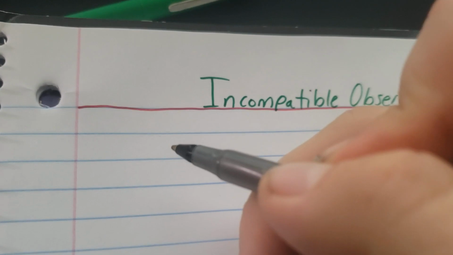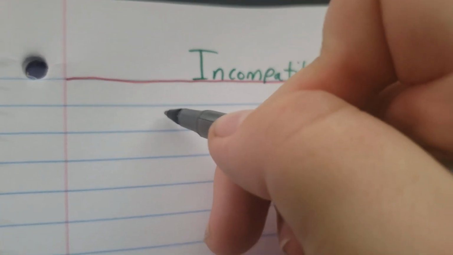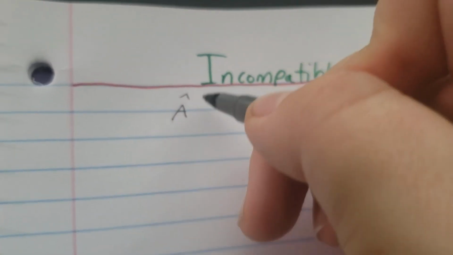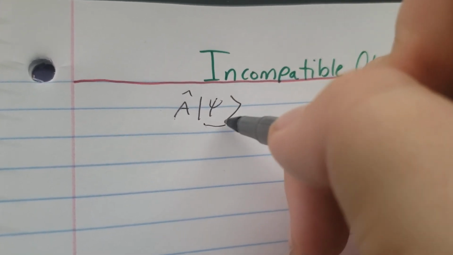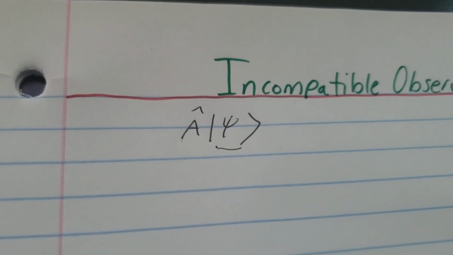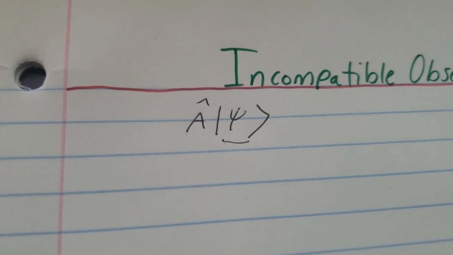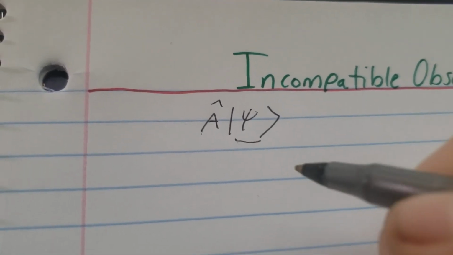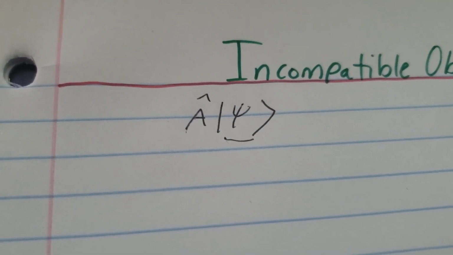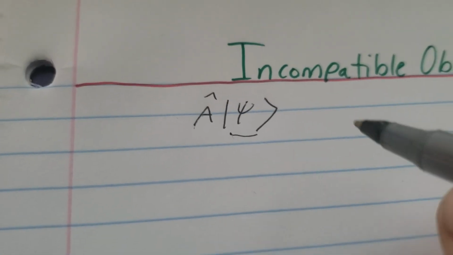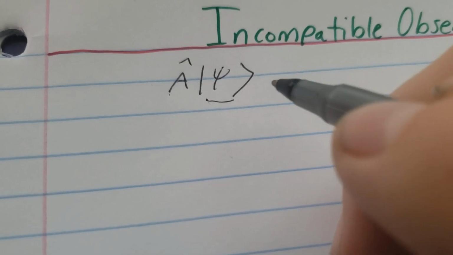So, what in classical mechanics is the quantity A is replaced by an operator A hat acting on the quantum state psi. Well, there's only certain states psi for which our operator acts like it's multiplying our state by a number.